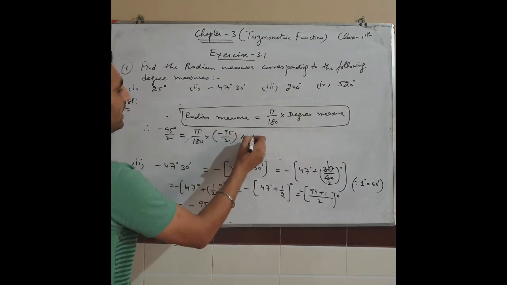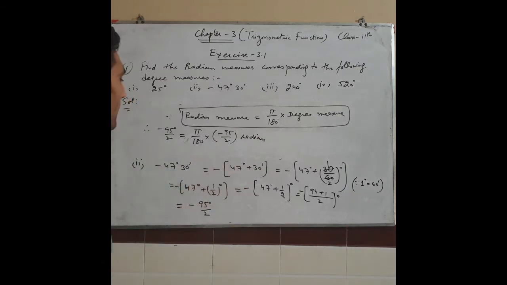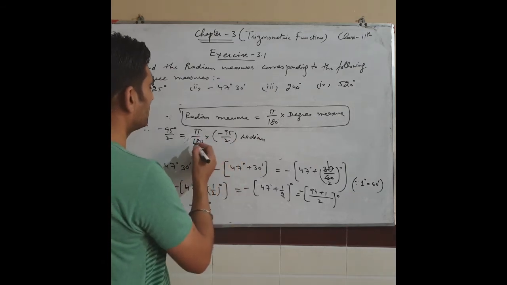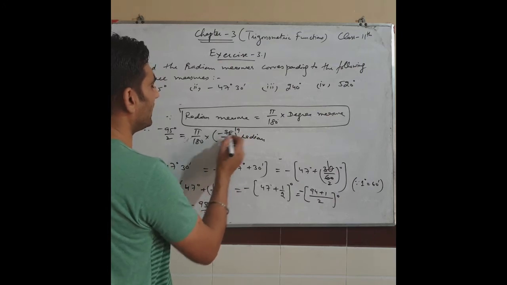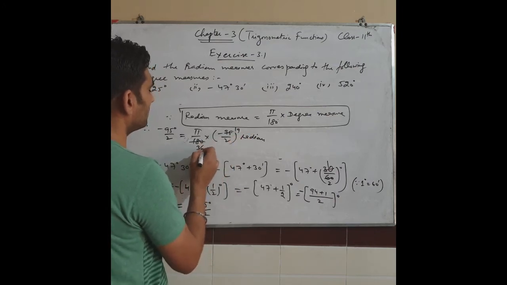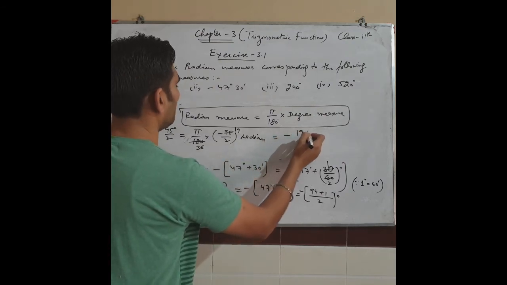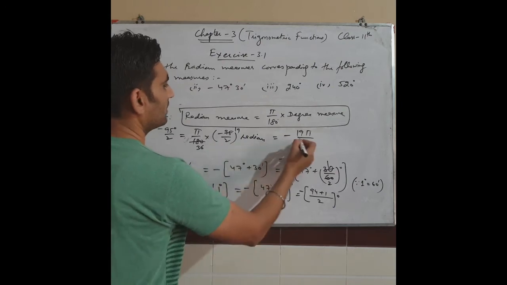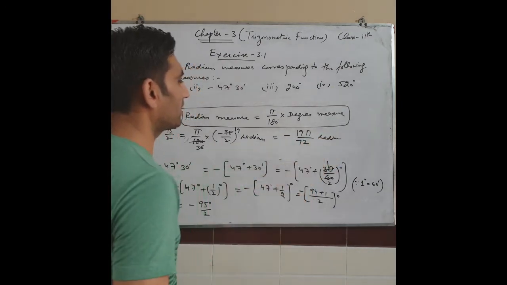And don't forget to write radian, because we are converting a degree into radian. Solve it further. Cancellation is possible. It will go 19 into 5 and 5 into 36. So your answer is minus 19 pi over 72 radian. This is our part number 2.